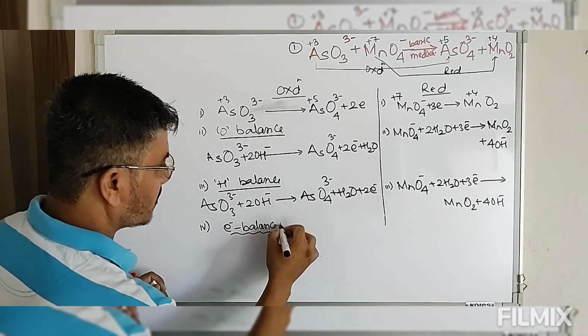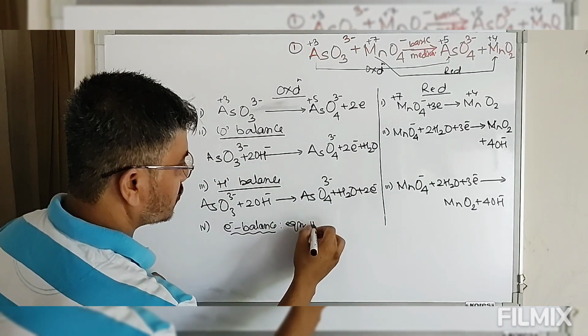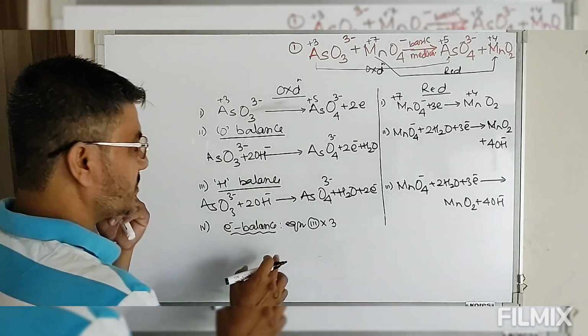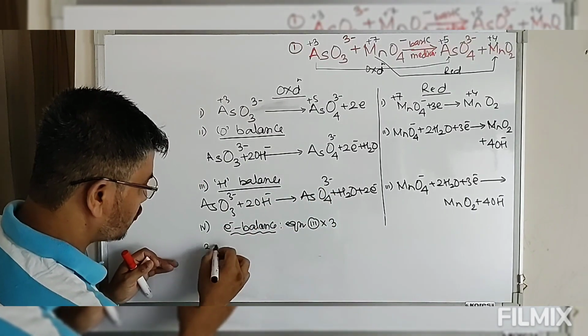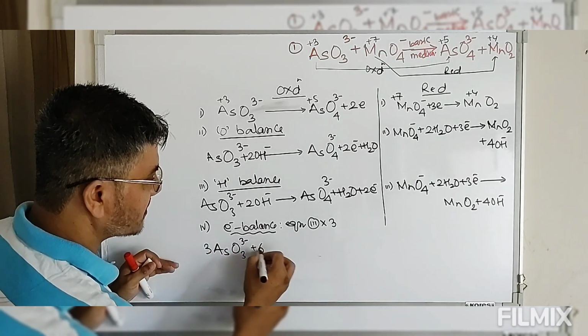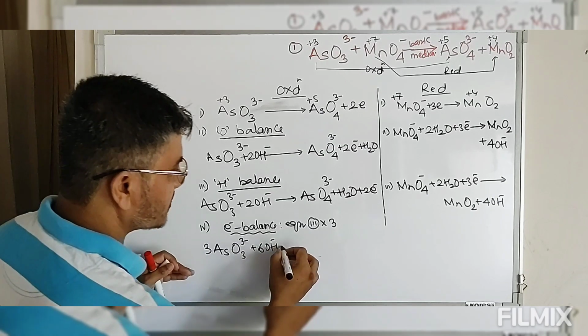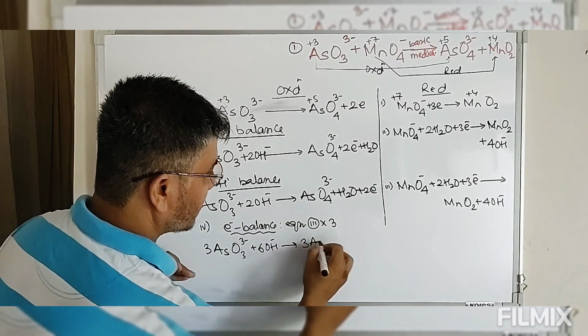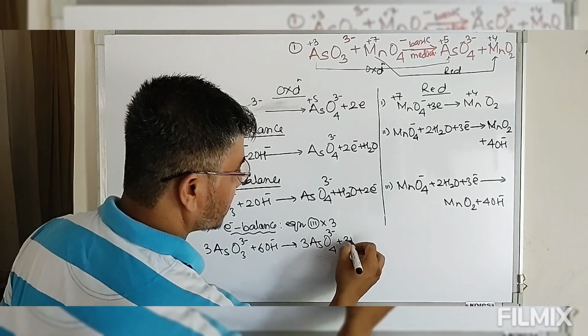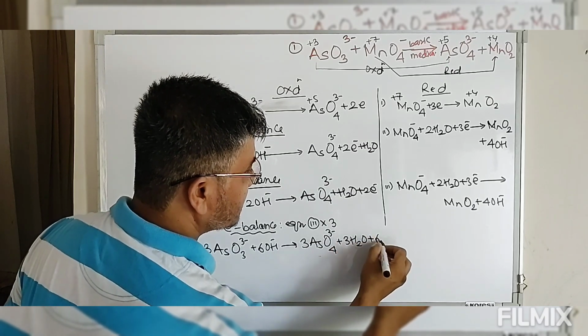So equation 3 multiplied by 3. So once we multiply this equation 3 by 3, we get 3 AsO3 3 minus plus 6 OH minus gives 3 AsO4 3 minus plus 3 H2O plus 6 electron.